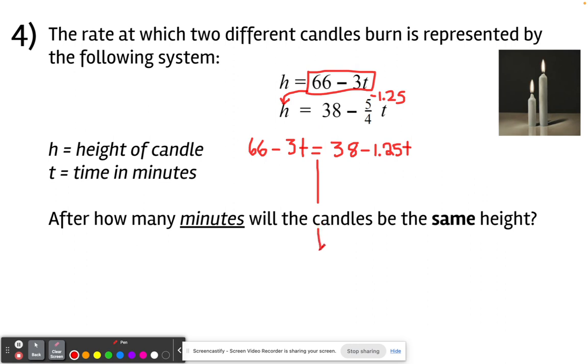I have a multi-step equation here with variables on both sides. First, I'm going to move my variables all to one side. As we like to say, I'm going to go to the bigger party by adding 3t to both sides.